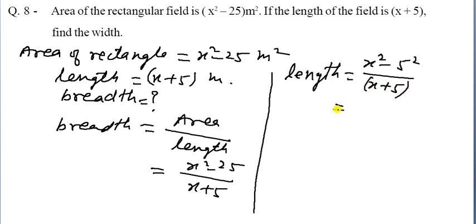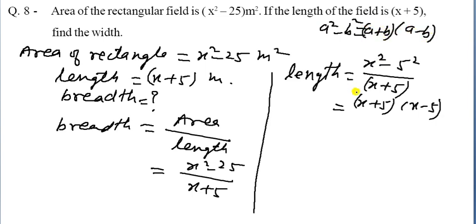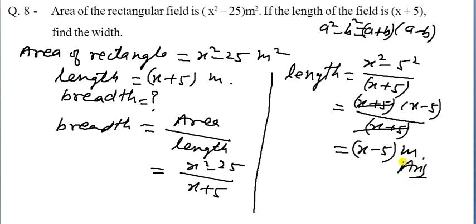Now use the identity, that is a square minus b square is equal to a plus b and a minus b. So x plus 5 and x minus 5. What will happen in this? x plus 5 cancels x plus 5 and we get x minus 5 meter, and that is your answer.